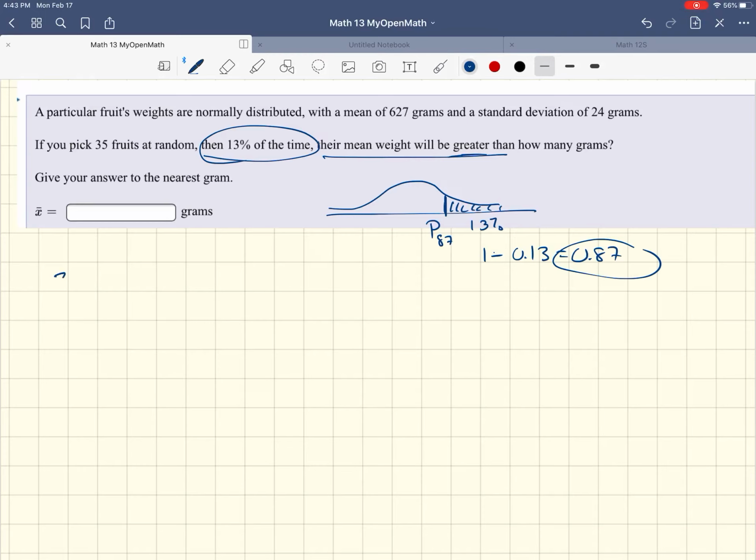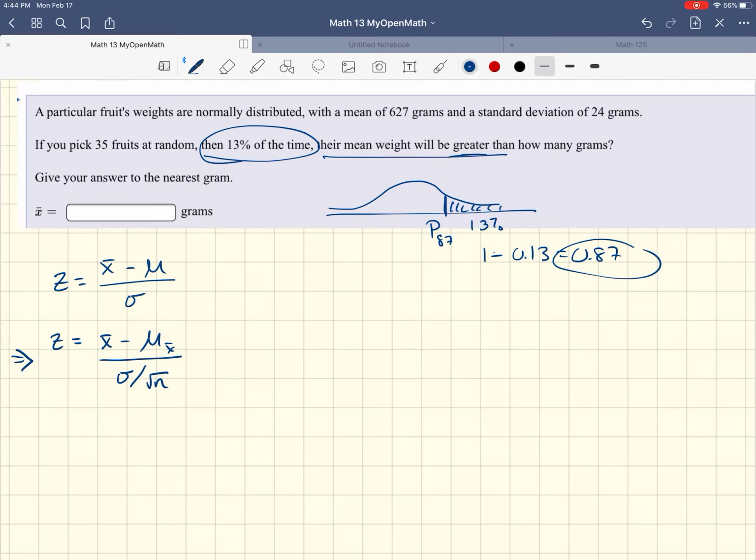Okay, so we would love to use the formula to find the z-score, x bar minus the mean over the standard deviation. But we have some problems with that. For starters, this is a sample, so we need to use x bar minus the sample mean divided by the formula for the sample standard deviation.